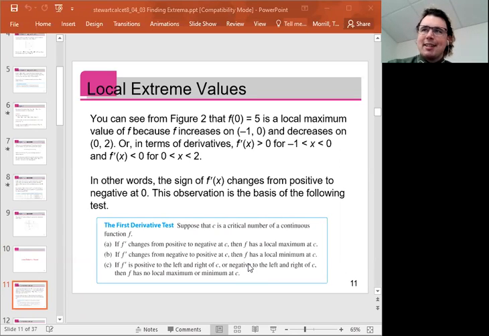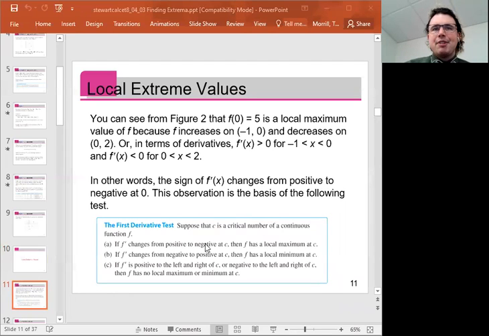This is what it means to take the sign of a function, or the sign of a number. We only care if it's a number below zero or above zero. So depending on what we get, this test will tell us whether we have a local minimum, local maximum, or just a false positive, nothing special.